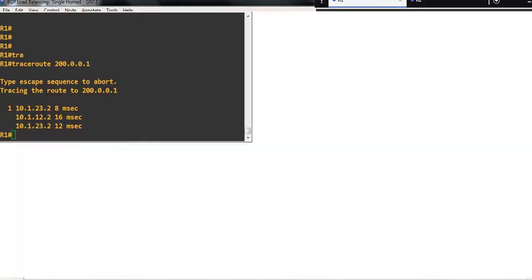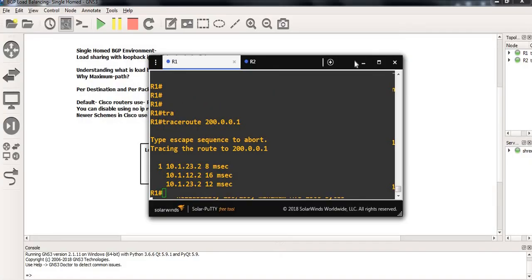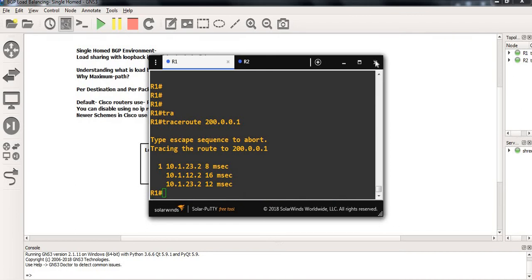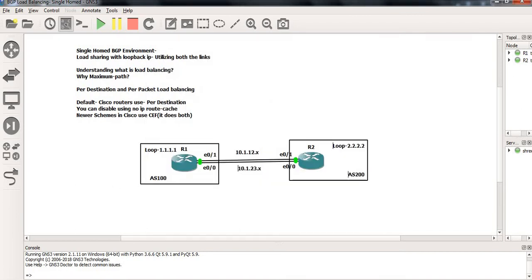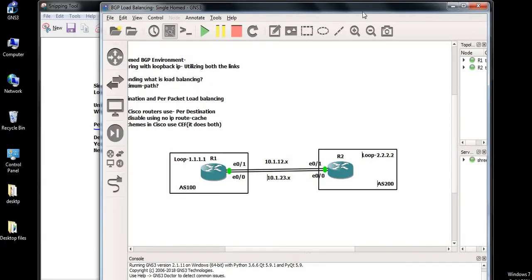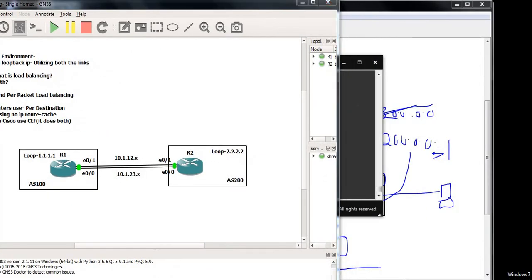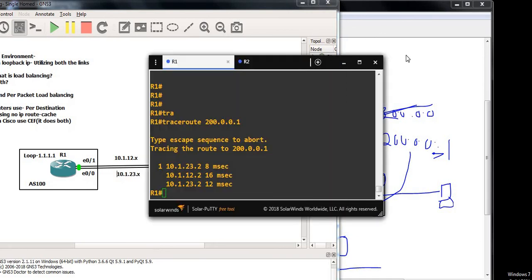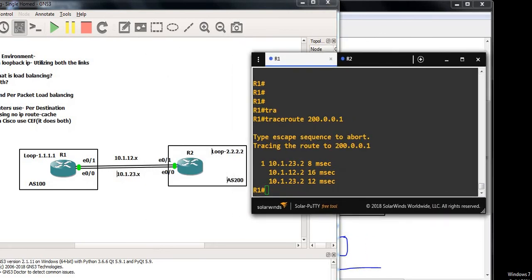Okay, so you could see that the first packet is going via 23.2. 23.2 is nothing but this interface Ethernet 0/0, and then it is moving via 12.2.